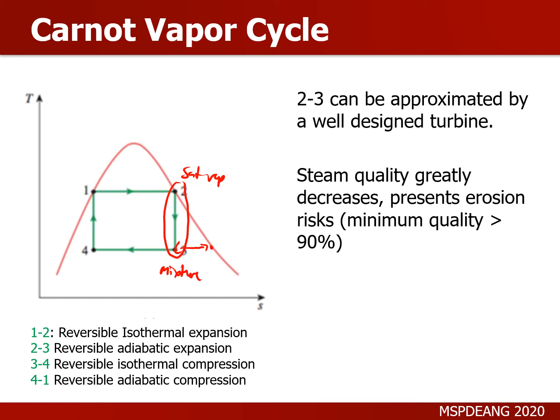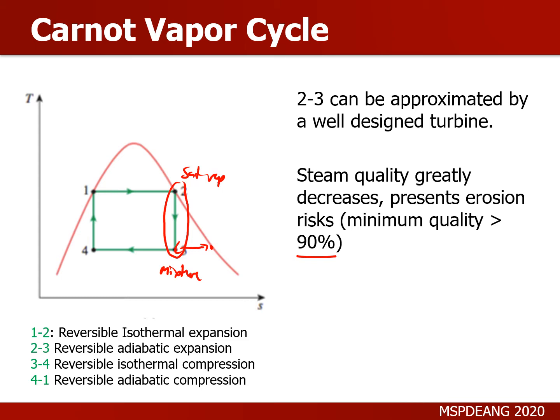This will now present challenges in the operation of our rotating equipment, especially for turbines. And for turbines, typically the limit is only minimum 90% steam quality. Anything below that will present some erosion and equipment damage risks to our turbine. So with this, malilimit pa ulit yung operation natin ng Carnot cycle.